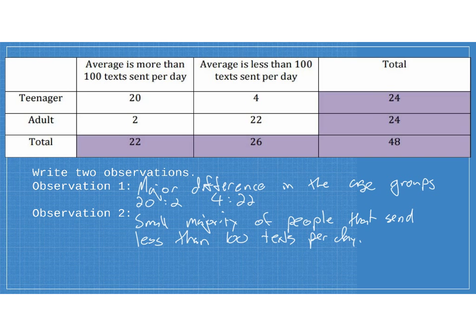And so as I look at that, in this case it'd be 26 out of the total of 48 people, with 24 being the midway point, so just 2 above, but still more than what is there for over 100 texts per day. So there needs to be a little work if she's going to try to convince her mom that she is normal in this, and may have to look at this data slightly differently than she currently is.